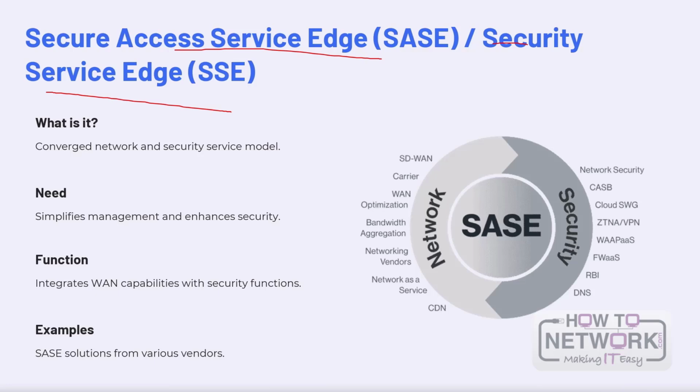SASE and SSE integrate wider network capabilities with security functions such as secure web gateways, firewalls, and zero trust network access. This convergence enables organizations to streamline their network architecture, enhance security, and improve overall network performance.